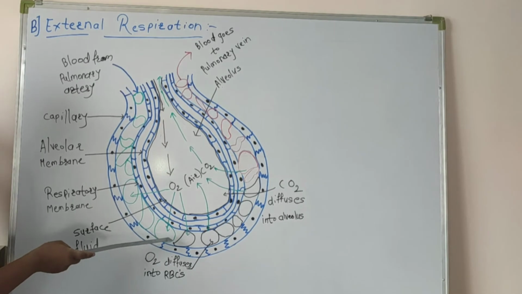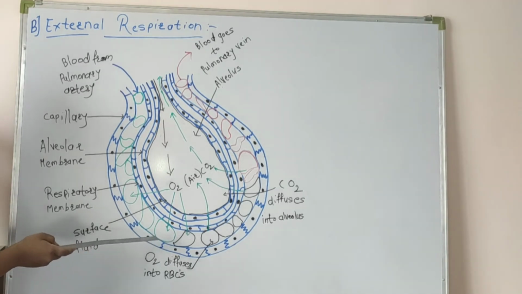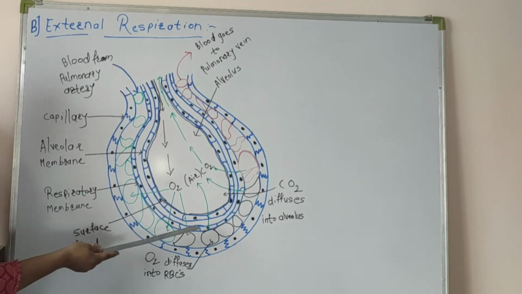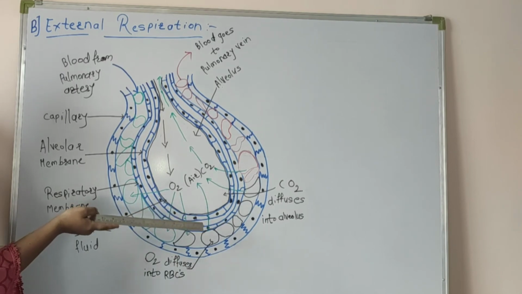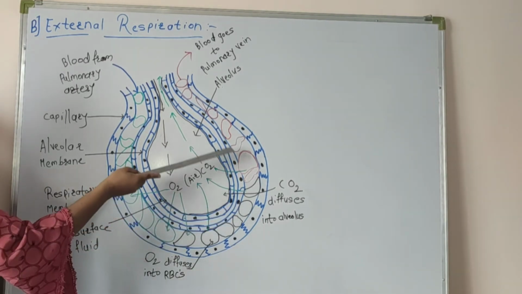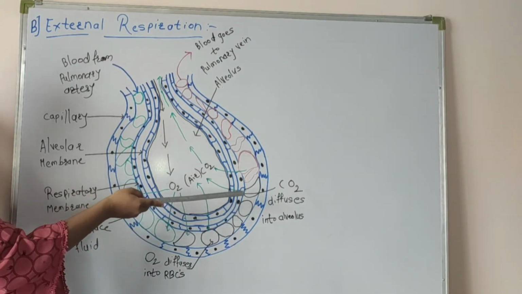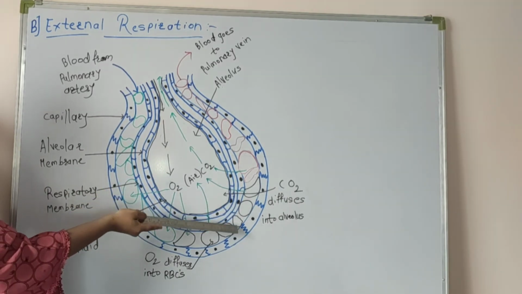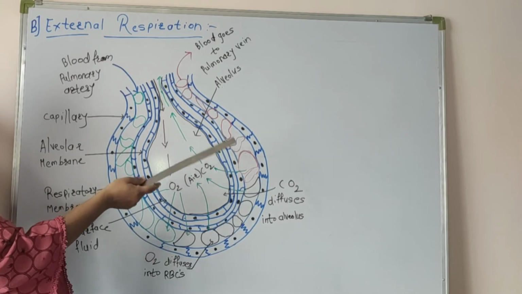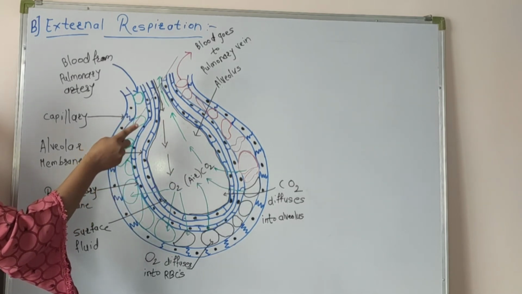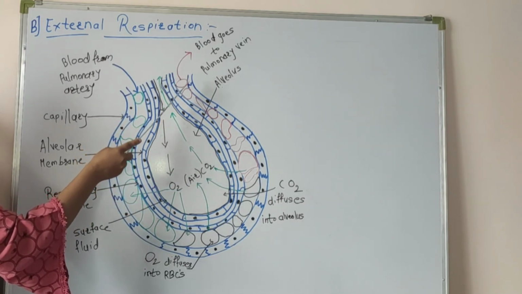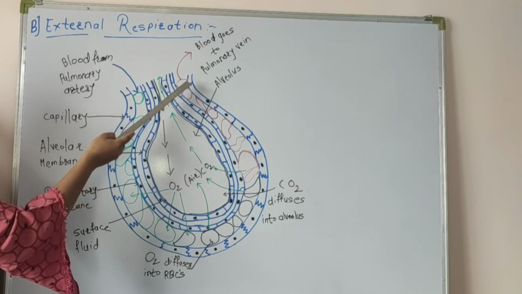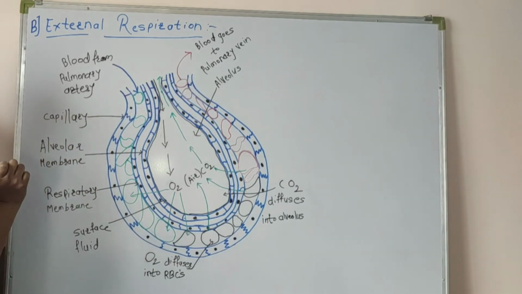After the diffusion of oxygen, carbon dioxide will diffuse into the alveolus, and when this carbon dioxide is diffused, it goes out through the pulmonary veins via blood.